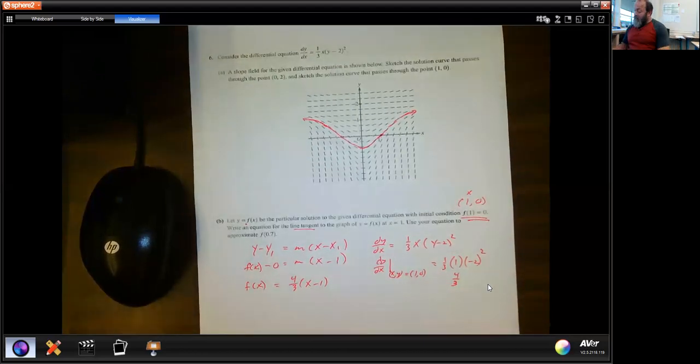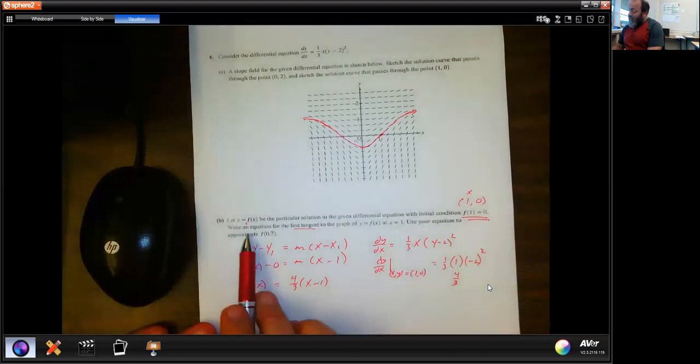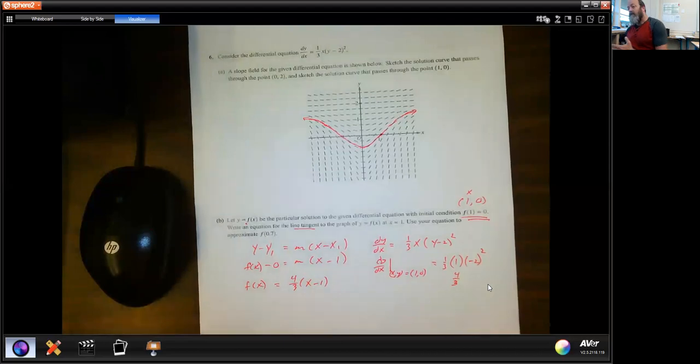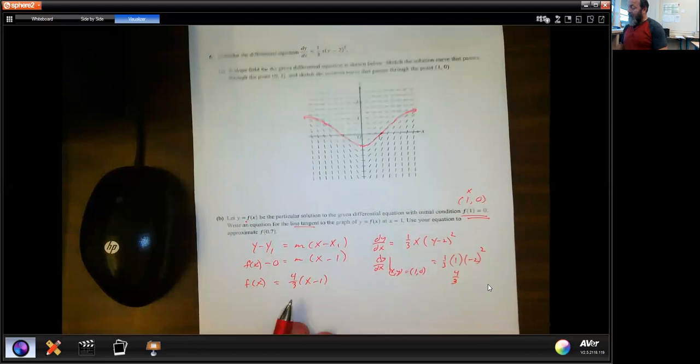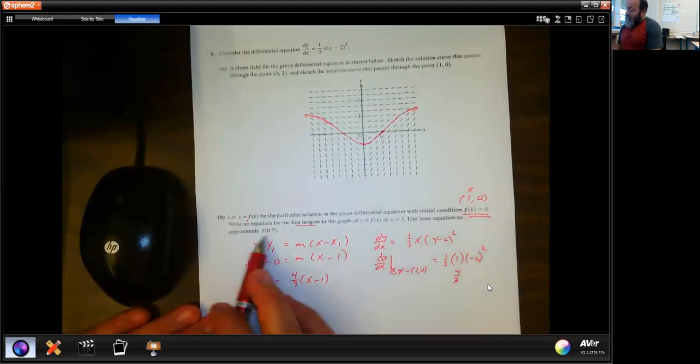Now that actually gives me the first portion of that story. This is to write the equation of that tangent line. Now this is question 6, which means we can't unfortunately use it to check our answer, but that's okay. And then they want to use this to approximate something.